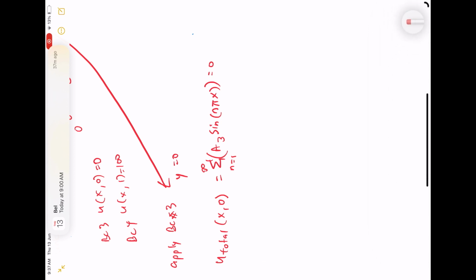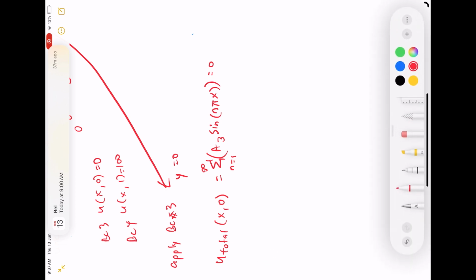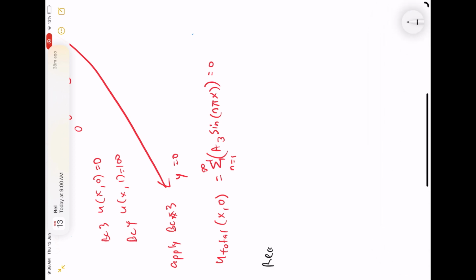If you can recall, the half range Fourier sine series expansion, this part is very important.